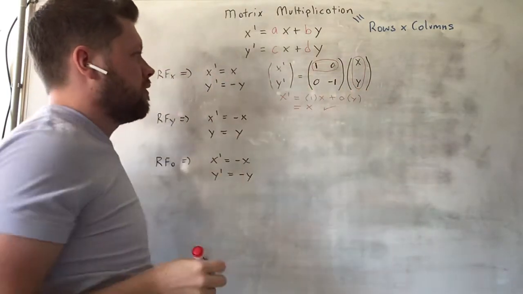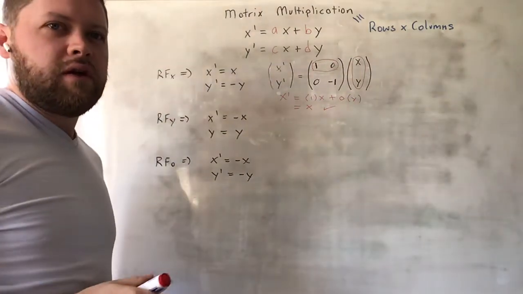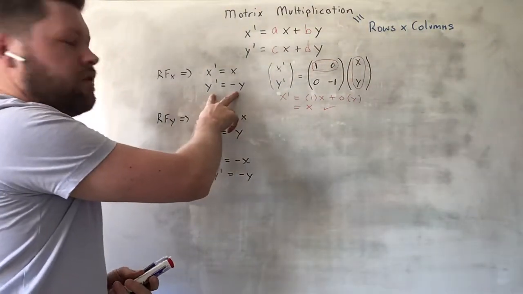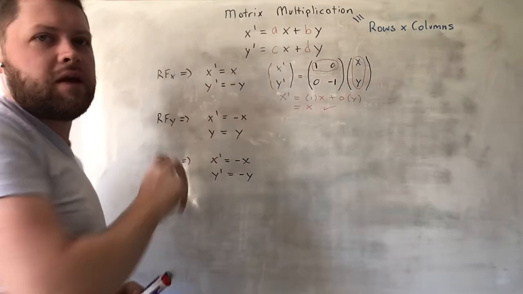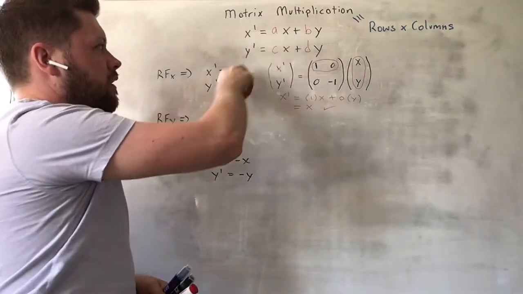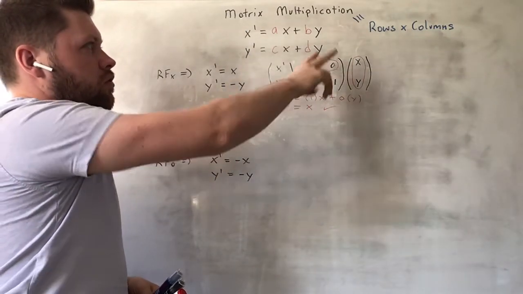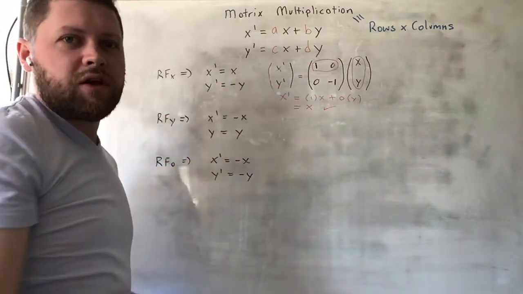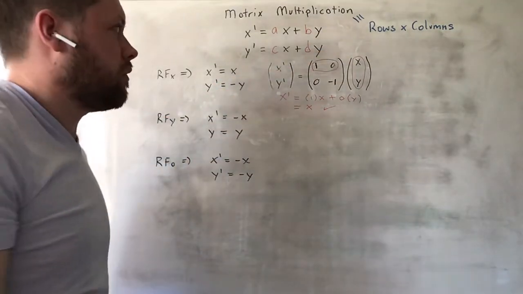So that works. Okay, and you can go down and do the same for the y dash and figure out that you must get the same equations back here through our row times column matrix multiplication process. Okay, good.